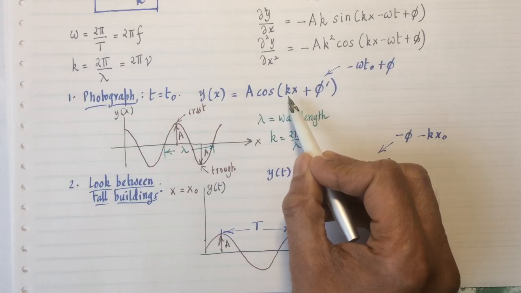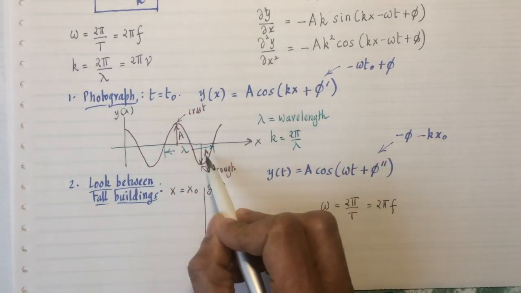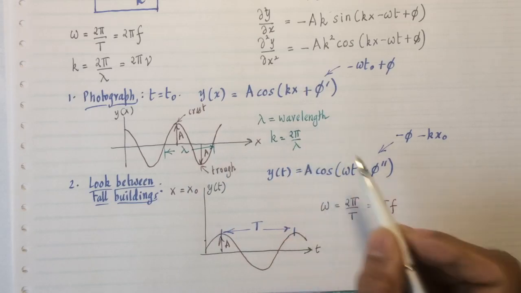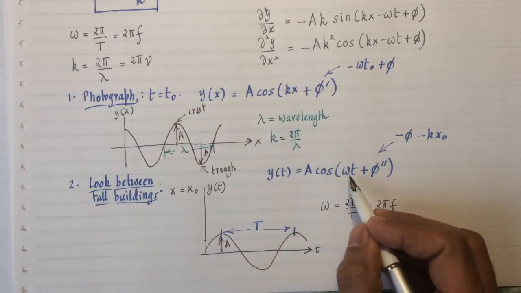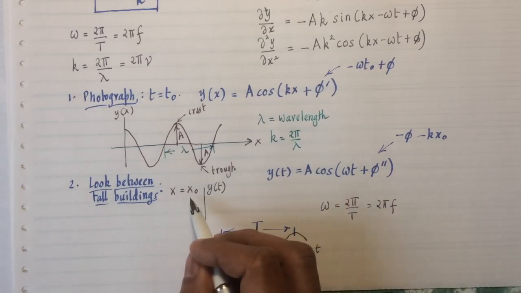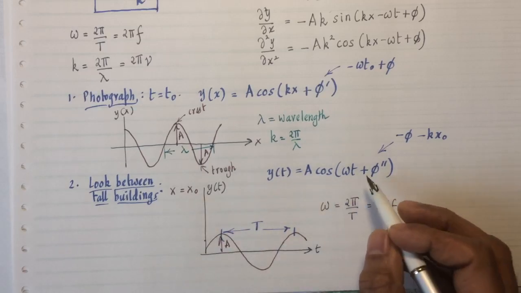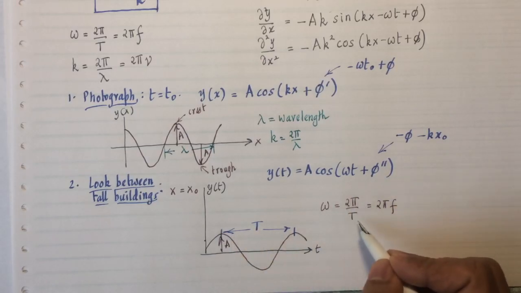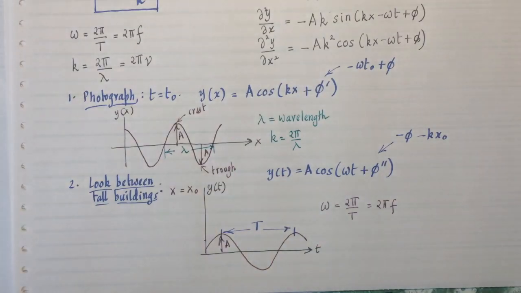You have k in the wave equation, but what you're able to see is lambda in the frozen profile, and so k is equal to 2 pi over lambda. Here you have omega in the wave equation in the profile where x is fixed, and so T is what you readily see in the picture, and omega is 2 pi over T. So those are things to remember or just observe.